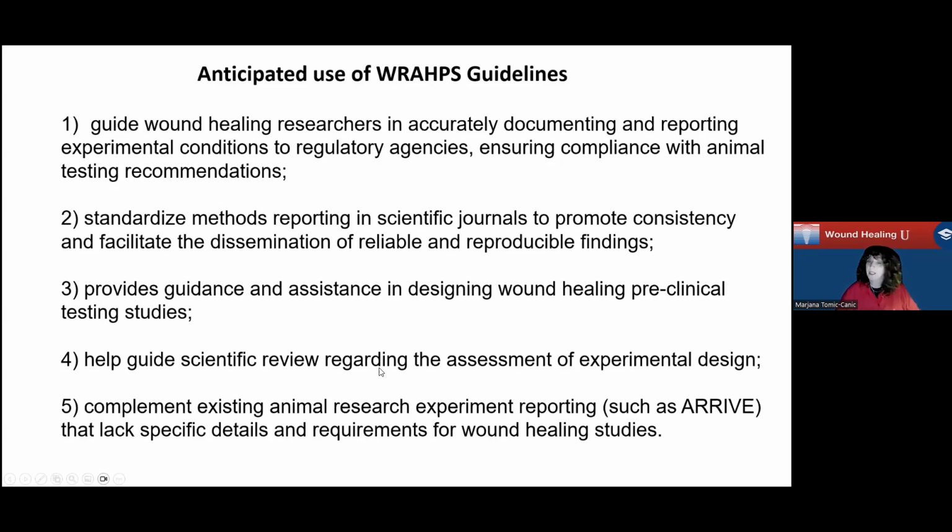And of course, the aim is also to help guide scientific reviews. Again, not everyone is an expert in wound healing, but needs to assess the wound healing data, and these experimental design details can help with that assessment. The goal is not to exclude other animal research reporting guidelines, such as ARRIVE, for example, but to complement them.